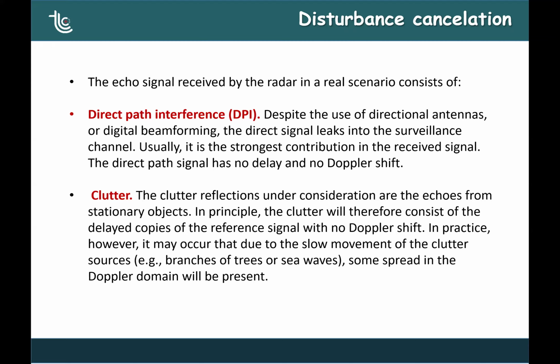So the direct path interference has a Doppler shift equal to 0. These are fundamental characteristics because they are used in the cancellation algorithm in order to separate the direct path interference and the clutter from the signal coming from the moving targets.